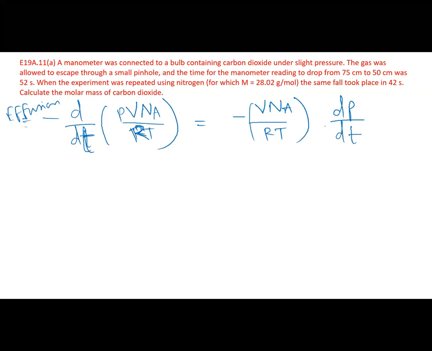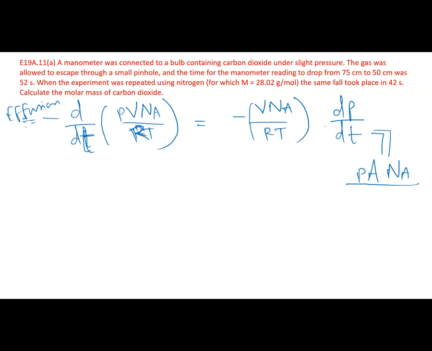From our lecture video, we saw that we can write effusion as P A, where A is the area, because we consider the area of the pinhole. So the number of molecules coming out of the pinhole is the area times the collision flux, basically P NA over 2 pi m RT power half. So we got this equation to solve and arrive at the equation that we wanted. So let's do that.